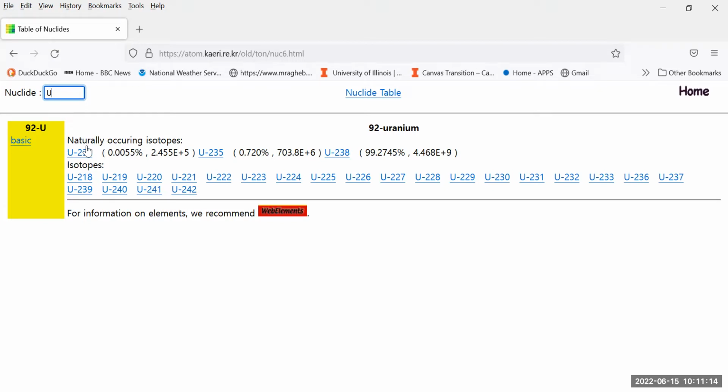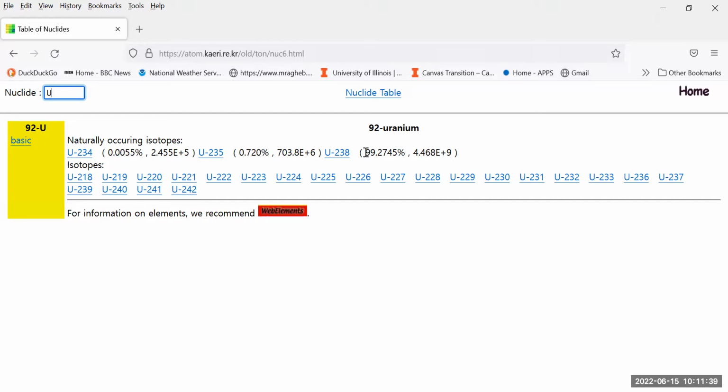You see here that in nature, naturally occurring isotopes, we have 3 isotopes: uranium-234, uranium-235, and uranium-238. In parentheses here, you find the abundance of the different isotopes in atomic percent, how much the percentage of atoms of that isotope occur in nature.